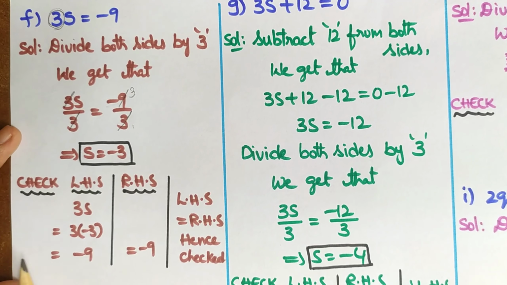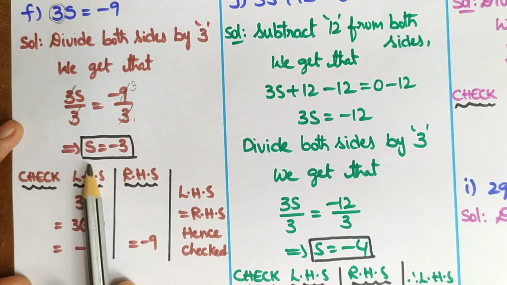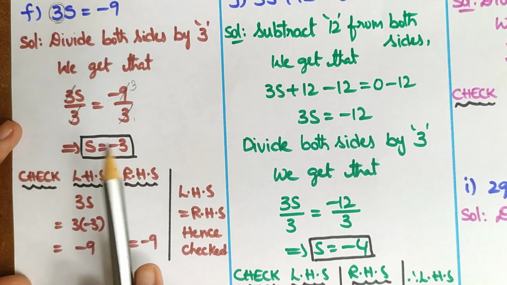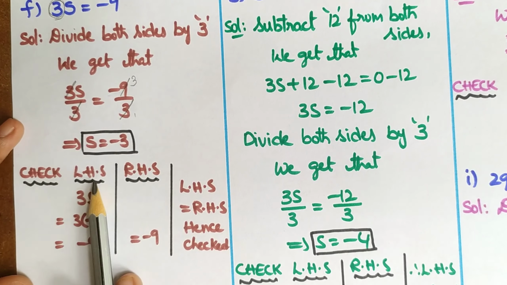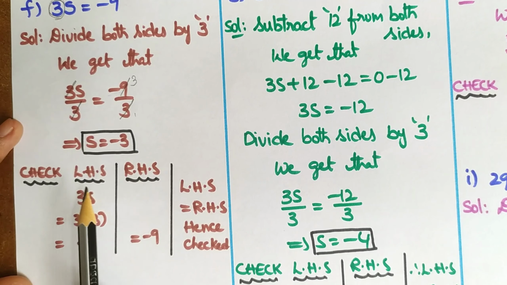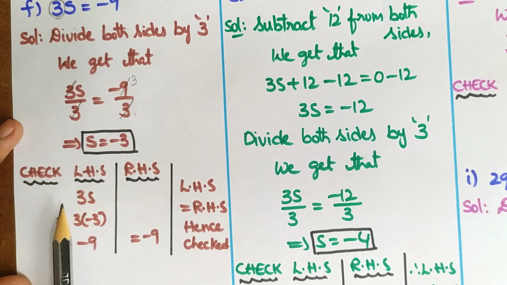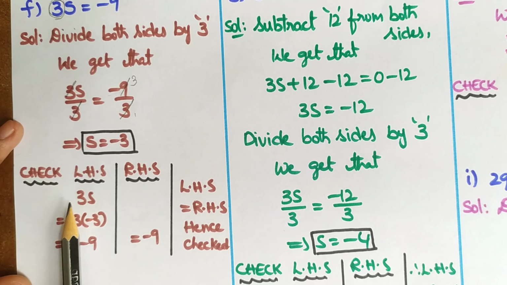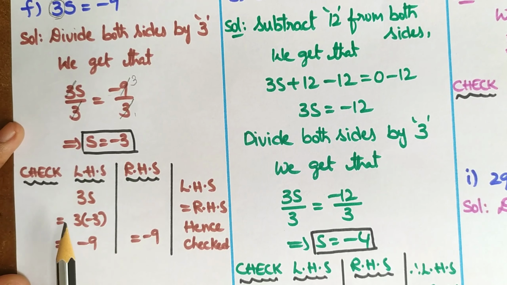Let us check whether s equal to minus 3 or not. LHS is 3s, RHS is minus 9. LHS is 3 into s, where 3 into s is 3 into minus 3. Plus into minus is minus. 3 3s are 9.